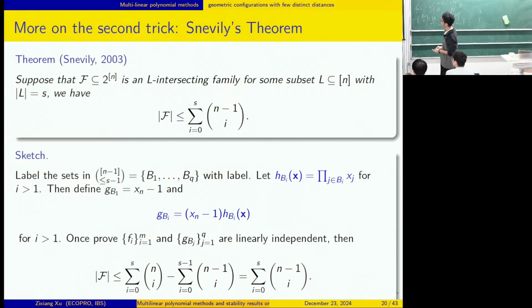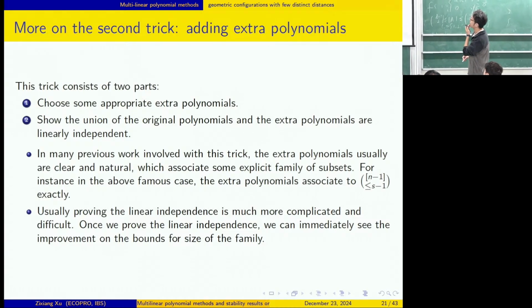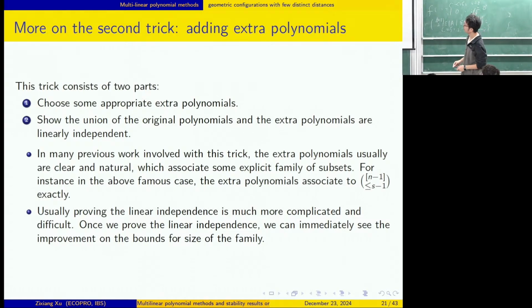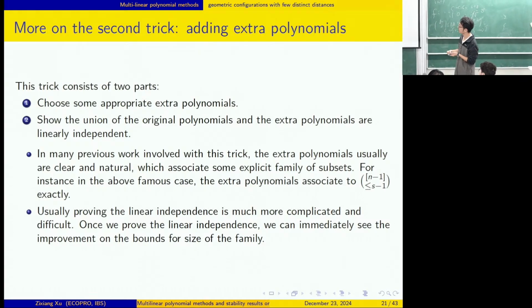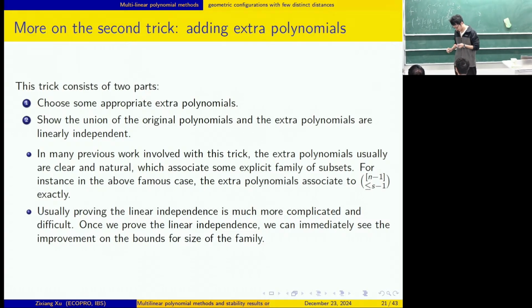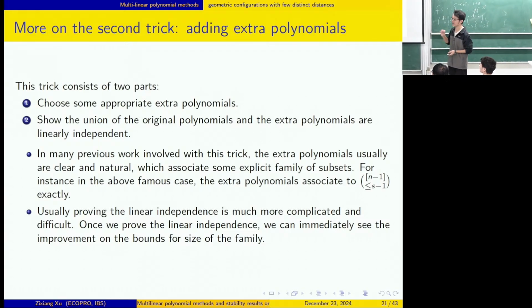So let's summarize. About the second trick, usually we choose some appropriate extra polynomials and show that the extra polynomials and the original polynomials are linearly independent. Many previous works involve this trick.